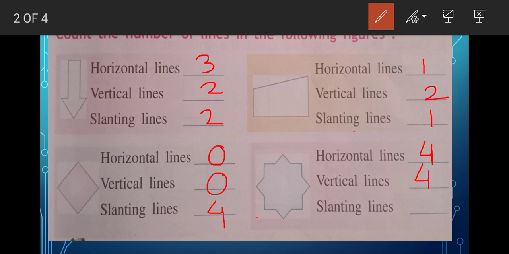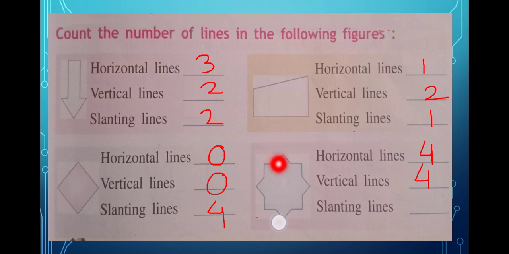Now slanting lines. How many slanting lines are there? See, in this triangle shape, like a hill, 2 slanting lines are there, right? Then this is another slanting line, 2, 4, right?